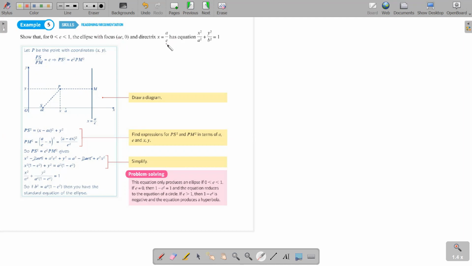So A over E is bigger, which means the directrix is located after the focus. Can you see? The focus comes first, and the directrix comes after, which means your ellipse goes in this manner. The focus is inside the ellipse and the directrix is outside the ellipse. In any shape, the focus always comes inside the shape, like you saw in the parabola, and the directrix always comes outside the shape.